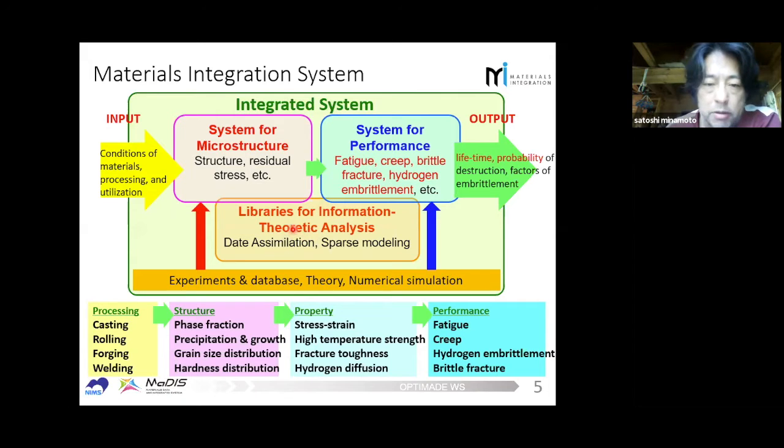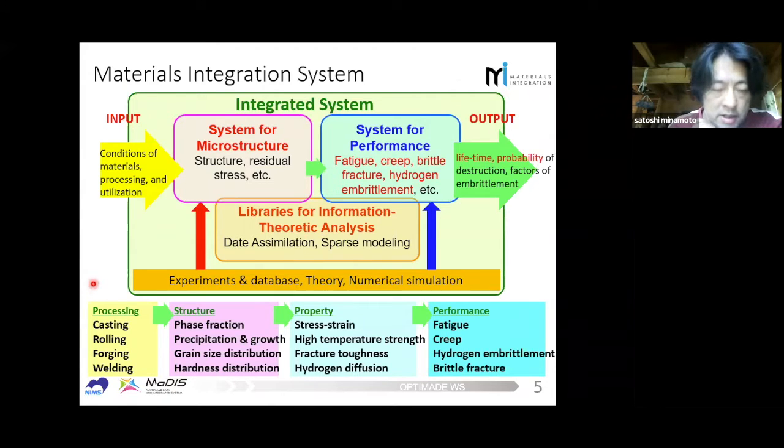To support these two teams, we have a third team based on theoretical information, theoretical analysis. And the biggest one is the team to integrate these three sources of information in one web-based computer system.